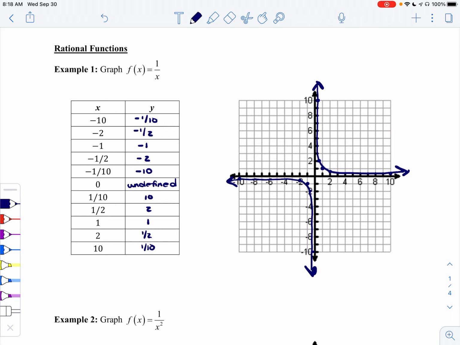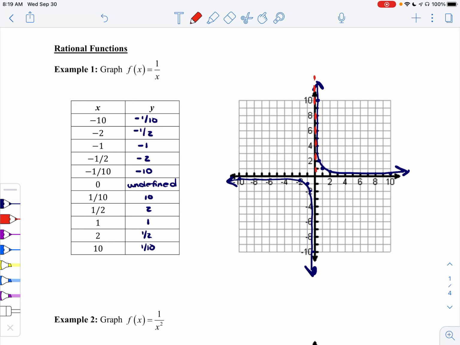Because our function is undefined at x equals 0, you can see that our graph is split into these two different pieces, these two different branches. One up here in quadrant 1, a second one down here in quadrant 3. Now, we have these invisible lines that separate our graph into these two different branches. So let me sketch in those invisible lines.